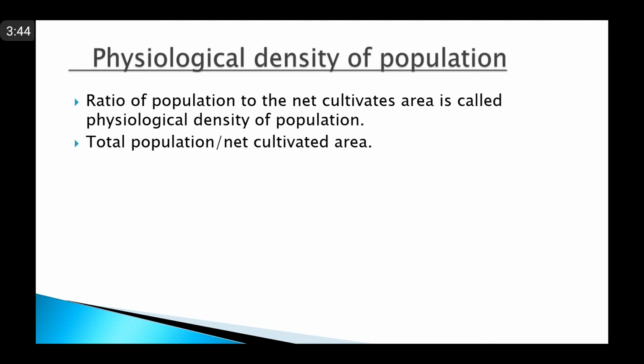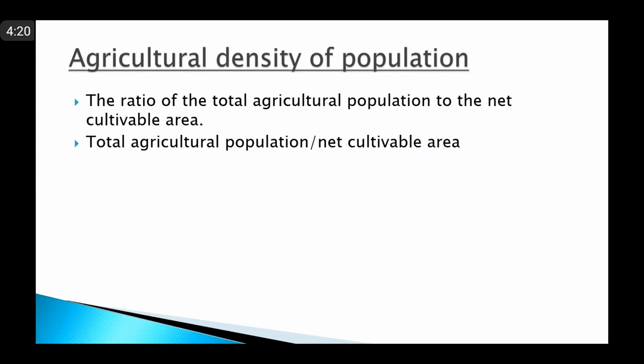And this index of population is very useful in India. You know why? It's because about 3/4 of the total population of India is dependent on agriculture, on farming. So physiological density is calculated by dividing the total population of an area by the cultivated area or net sown area.